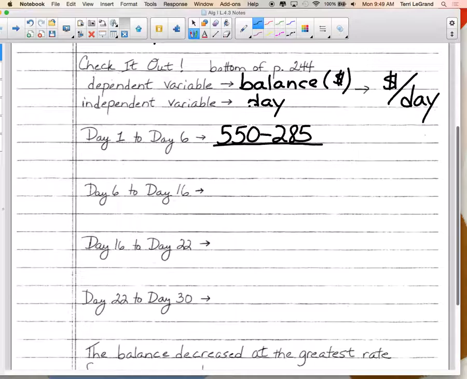There's the change in the dollar amount over, we're going to stay in the same order, day 1 subtract day 6. So first of all, what's 550 take away 285? What do we get?